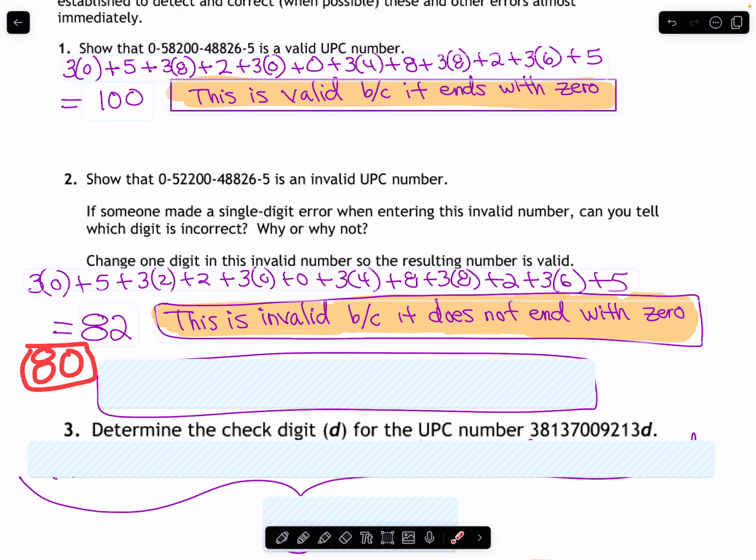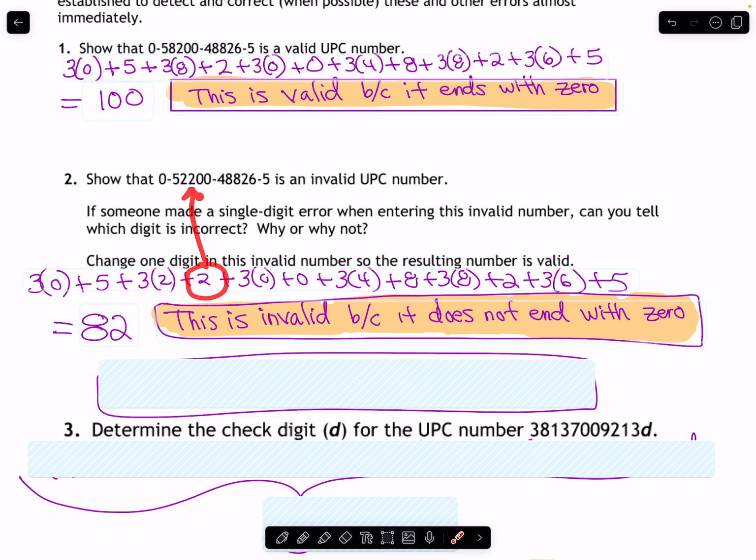So to make the change to make it valid, we would need to decrease the entire sum by 2. The best way to do that is to look for a 2 in the process, and there it is right here. And that came from the second 2 in the actual number.